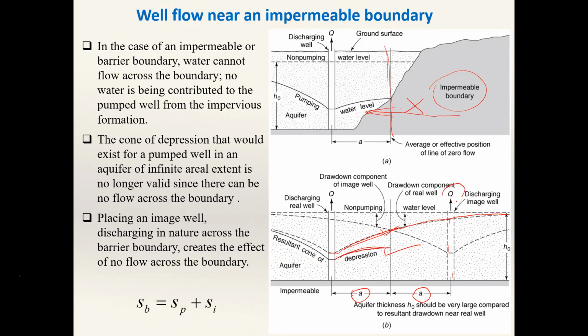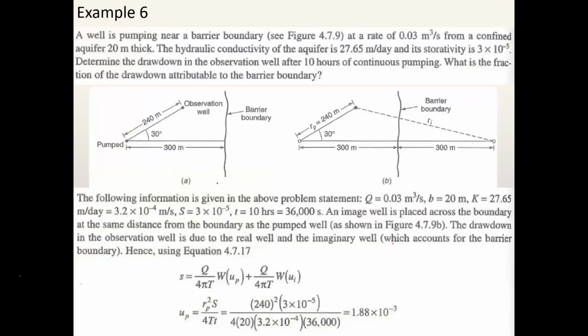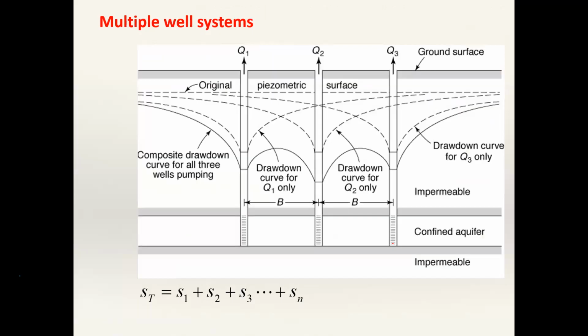So in this case, both the actual well and the imaginary well discharge water, taking water out from the aquifer, so that it becomes like this. The summation of these two drawdowns will be equal to the actual drawdown. That is the logic. So I need you to go through these examples and let me know if you have any questions.